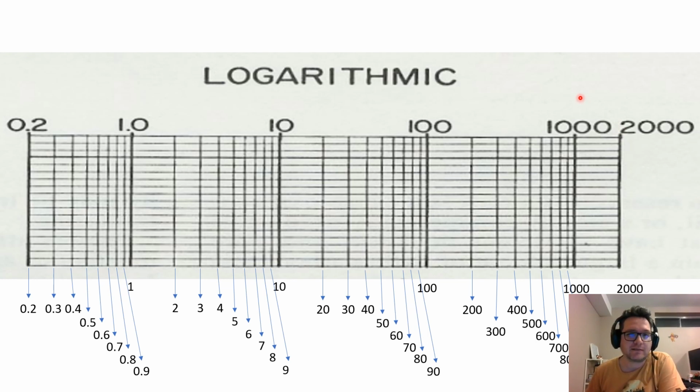It's not that simple to read at first, but once you get the hang of it, it's easy to read. So if we have a log between these two lines, we would have a reading of 35 to 36, because it's between 30 and 40.